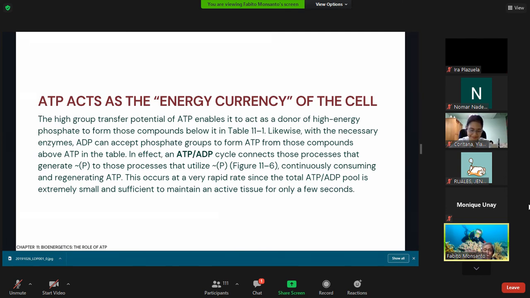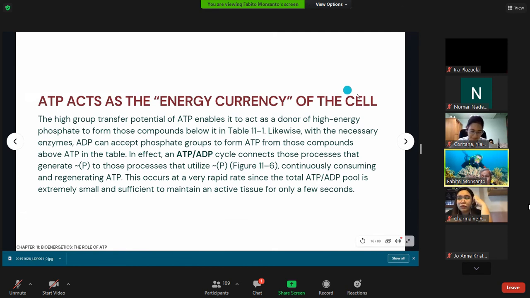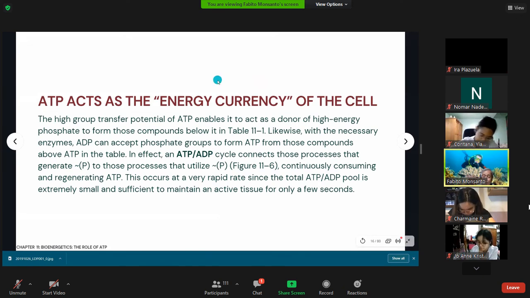So, our currency for energy is ATP. So this is how the cell uses it. They do not use peso or dollar. They use ATP. Okay?